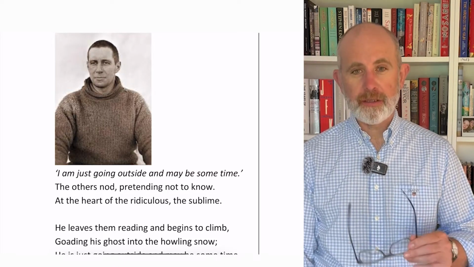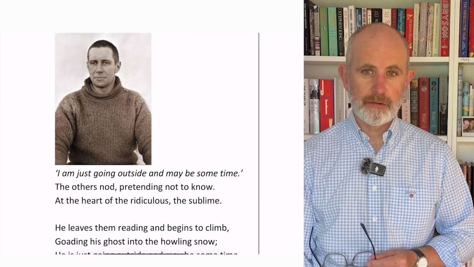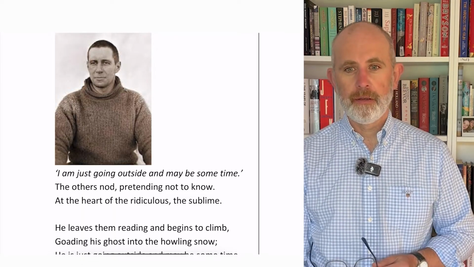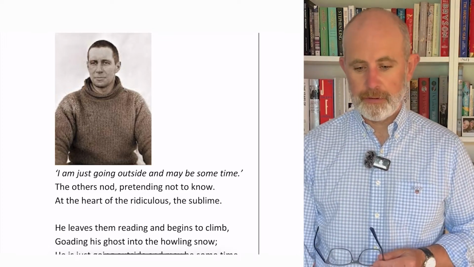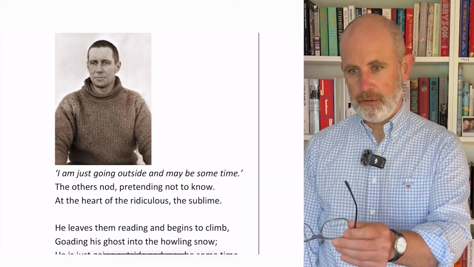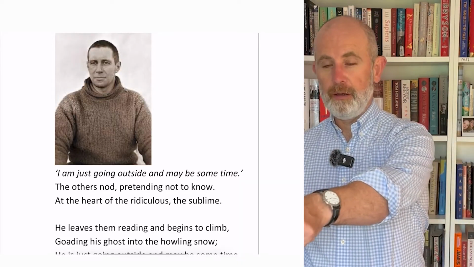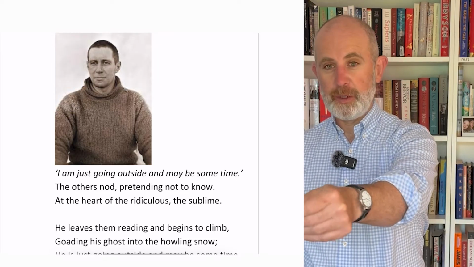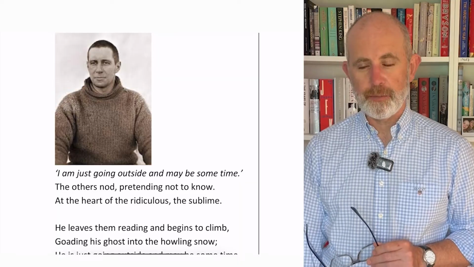The reason Oates is known to history is because of the way he died. Very briefly, he developed frostbite while making his way back with his colleagues from their attempt to be the first people to find the South Pole. Famously, they were beaten there by Amundsen's Norwegian expedition.